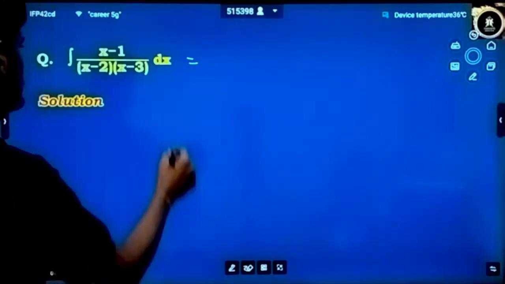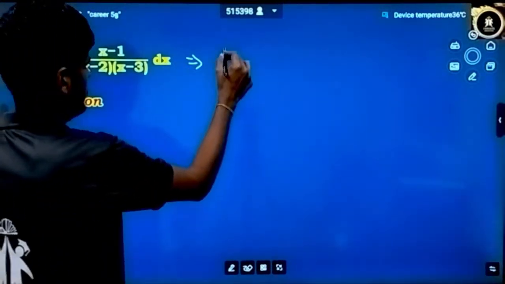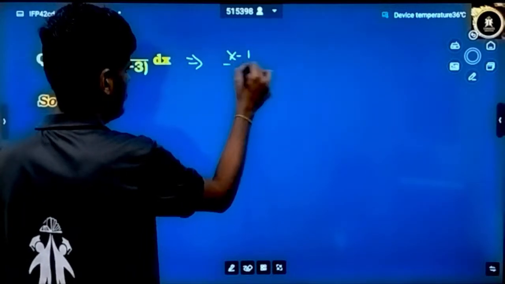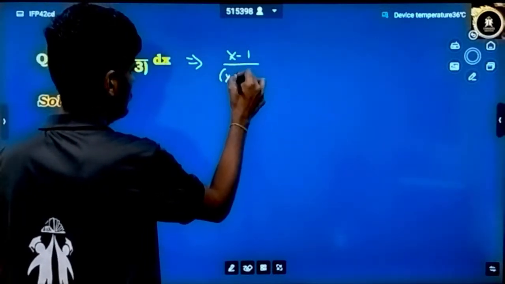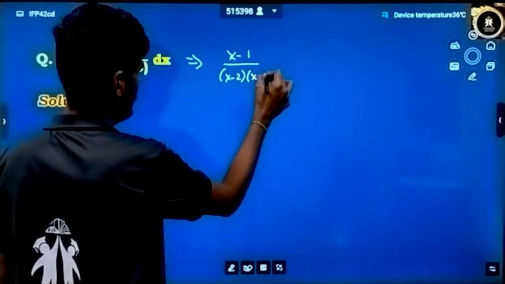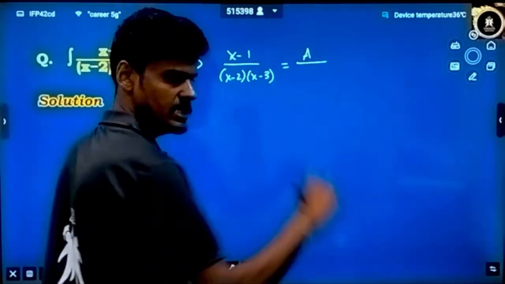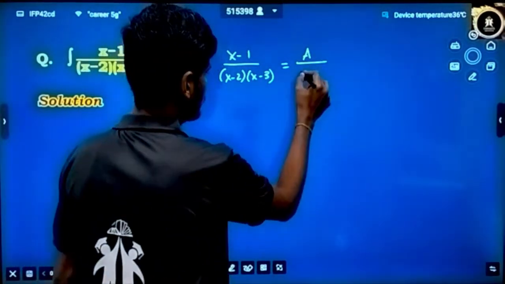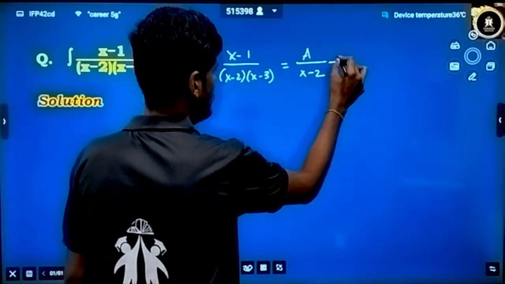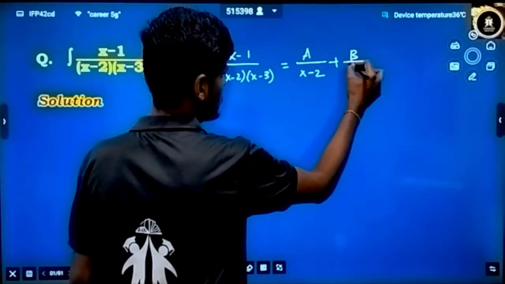So first, x minus 1 divided by (x minus 2) into (x minus 3) can be written as some constant a divided by x minus 2 plus b by x minus 3.